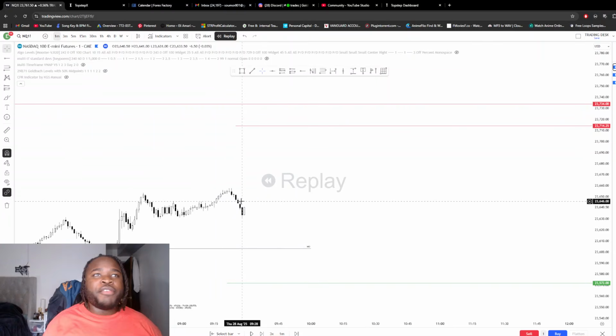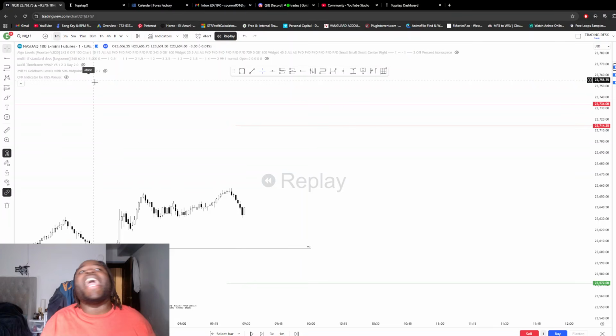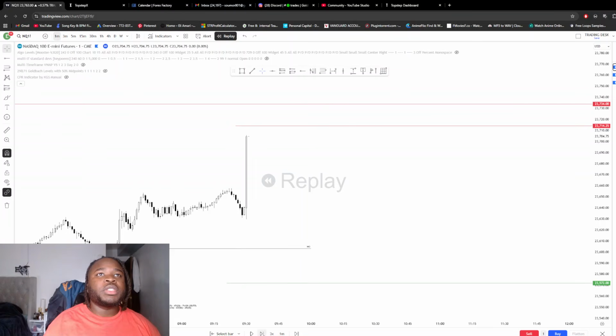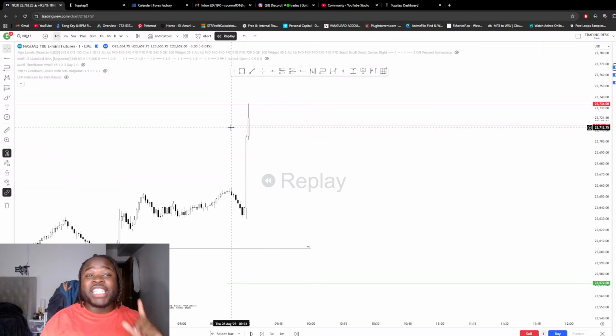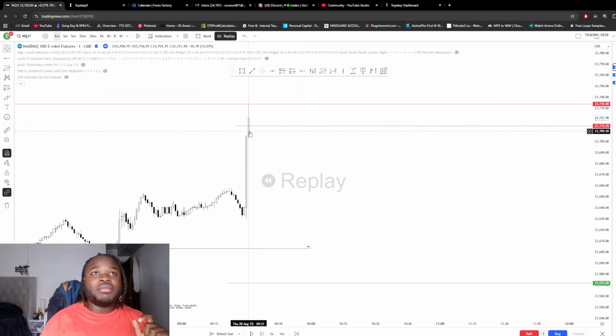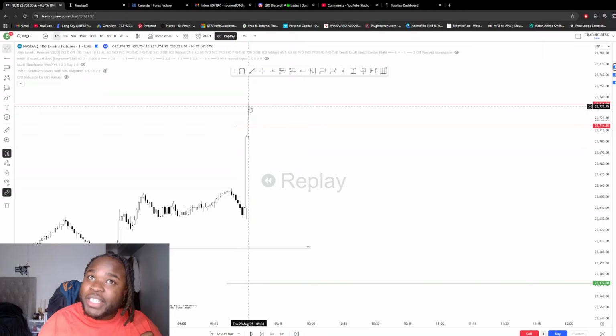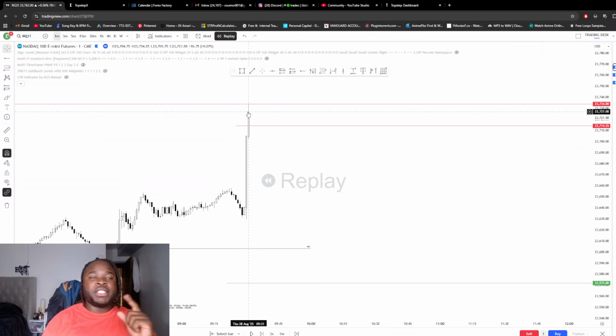Let's see how price behaves as the candles print. Oh, interesting. The GB level that I had here, the zone where I was interested in a sell, got hit one minute into the market open. And the order block that I marked out on the higher time frame also got hit. It's almost like price is respecting the GB levels.